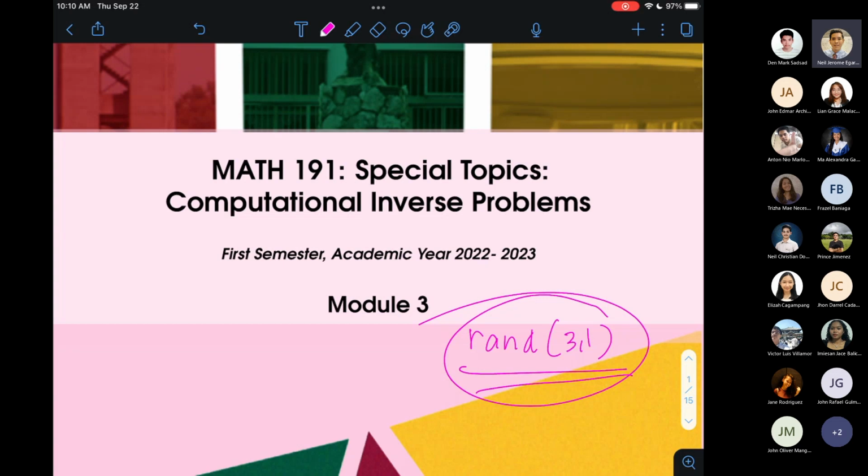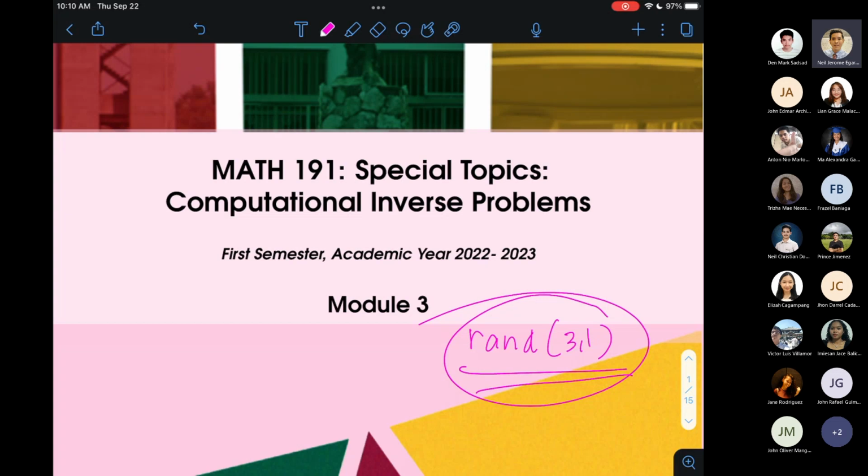So hindi nyo nakukuha yung actual right-hand side that is spelled out by the phenomenon, but you are getting some erroneous data, right? So the data plus the measurement error, yun yung sinusolve nyo na linear system. And if that small measurement error will cause huge changes in the actual solution, then hindi mo magagamit yung result mo na nakuha dun sa inverse problem mo as the physical instantiation of the input that you want, right?